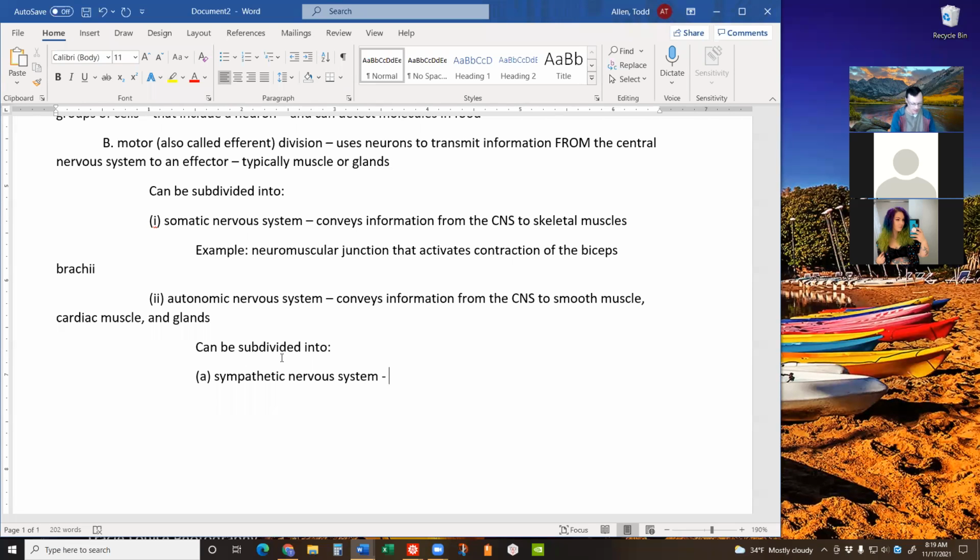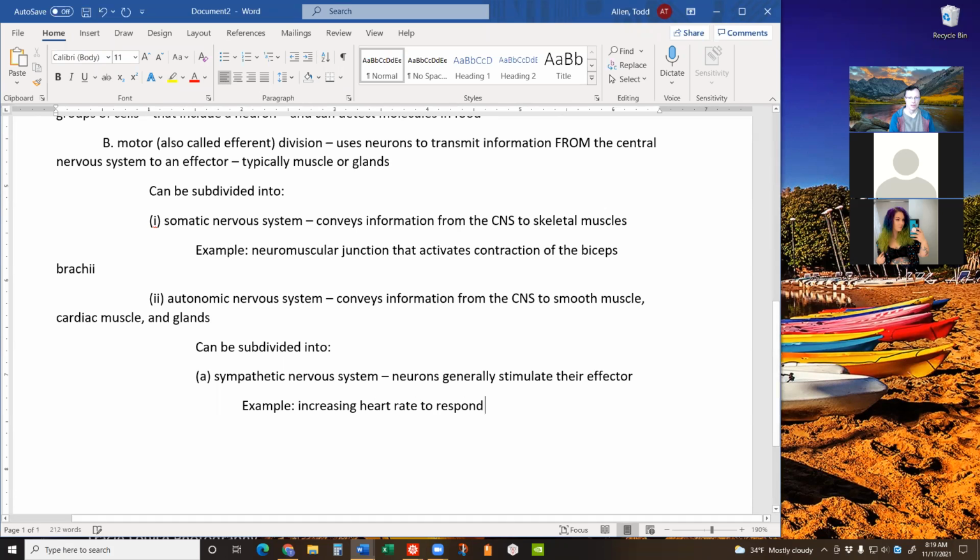So neurons generally stimulate their effector. An example here would be increasing heart rate to respond to a threat. This sympathetic nervous system is what we typically talk about when we're talking about fight or flight responses. The sympathetic nervous system is going to activate fight or flight responses.